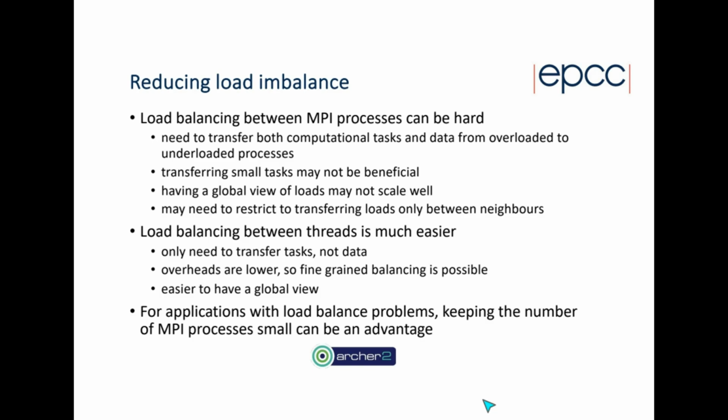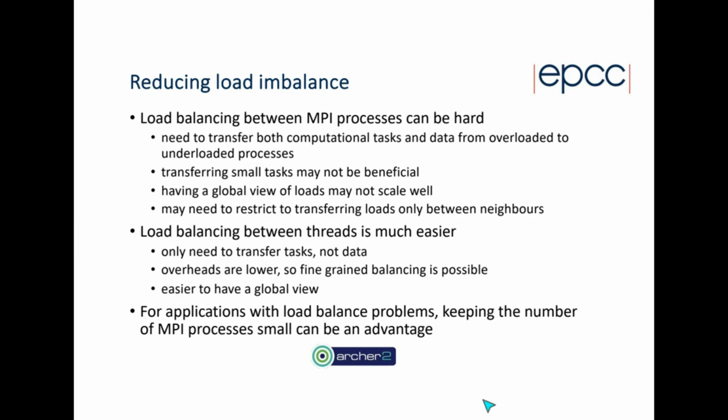That might work okay for 1,000 processes, but as you go to 10,000 or 100,000 MPI processes, that's a sequential bottleneck which can limit the scalability. So you might then have to restrict yourself to some local load balancing scheme rather than a global one.